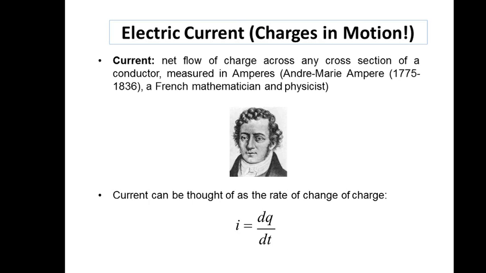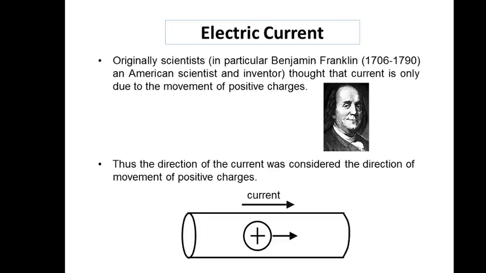It is measured in amperes because Henri Ampere, a French mathematician and also physicist, identified the current. Before that, an American scientist and inventor had worked on it.